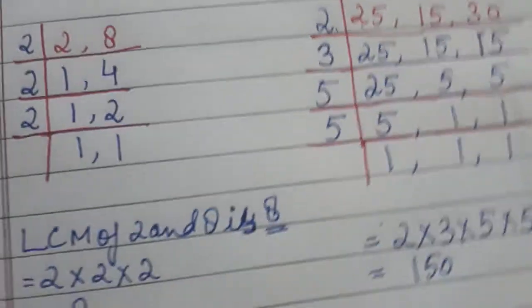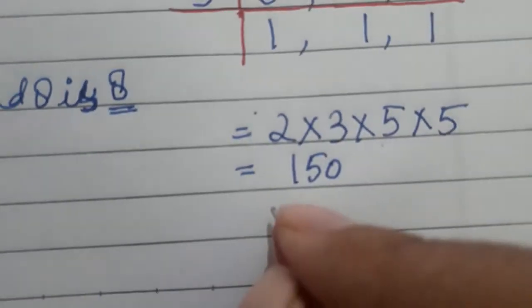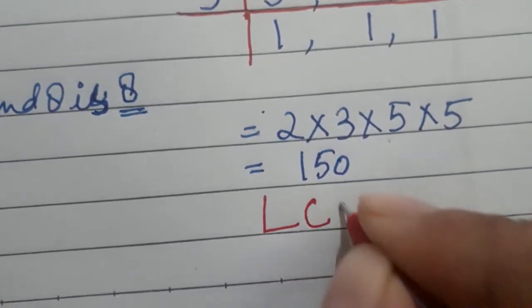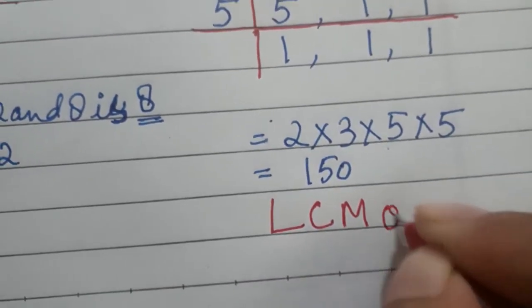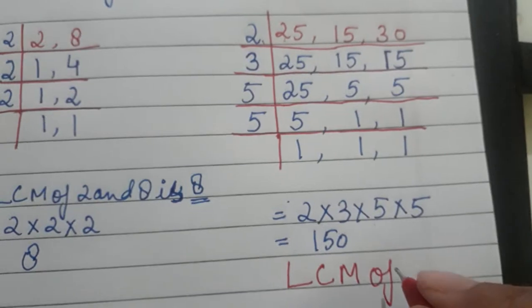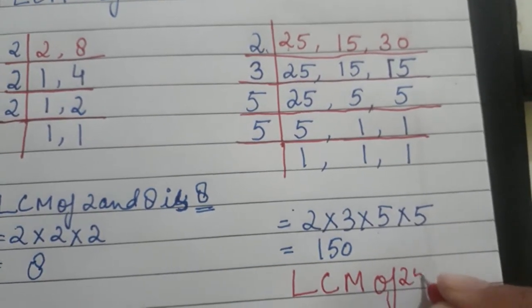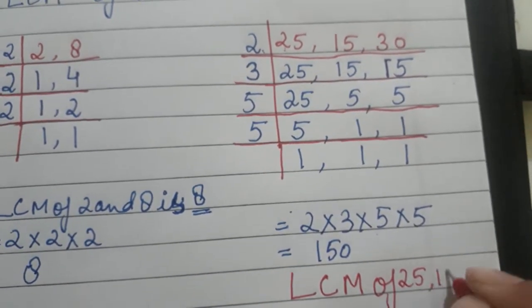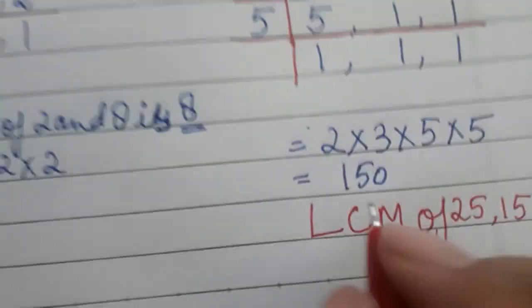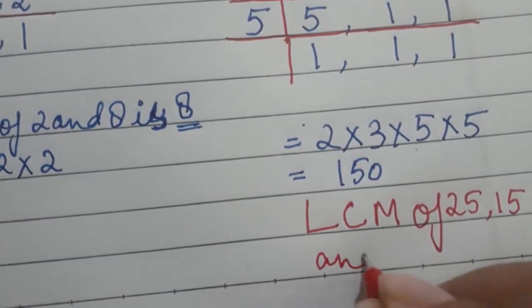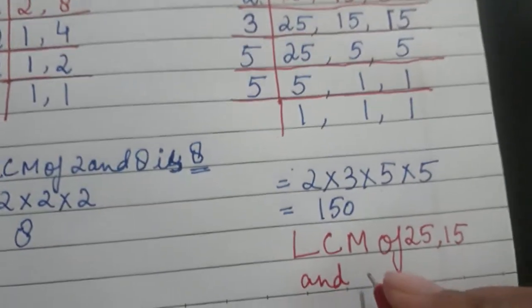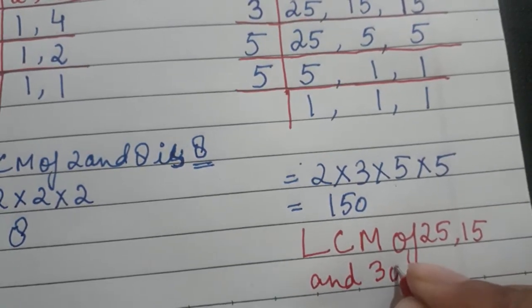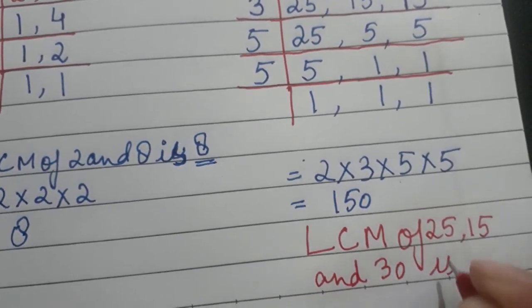So if I write at the last, let me change my pen. LCM of, what was the question? 25, 15 and 30 is 150.